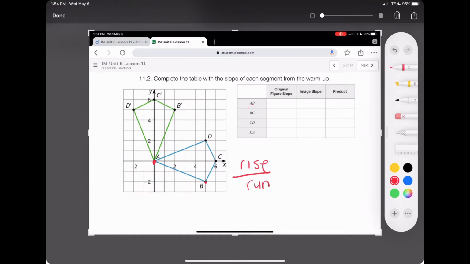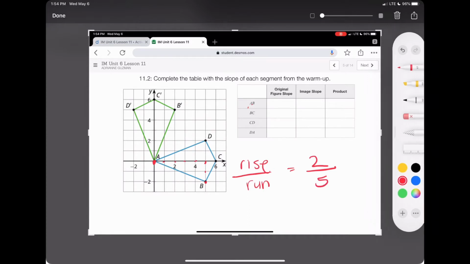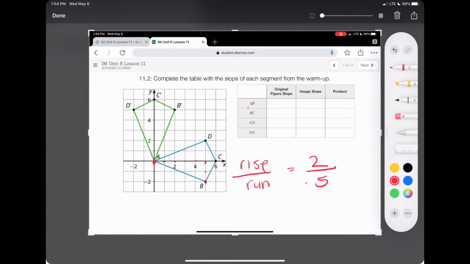So I would go up 1, 2. That's my rise. My run is 1, 2, 3, 4, 5. But did you see how I went to the left? That means that's -5. If I go to the right towards positive numbers, then that's positive. But I went left. Now, let me do the other way around so you can see it's the same thing.